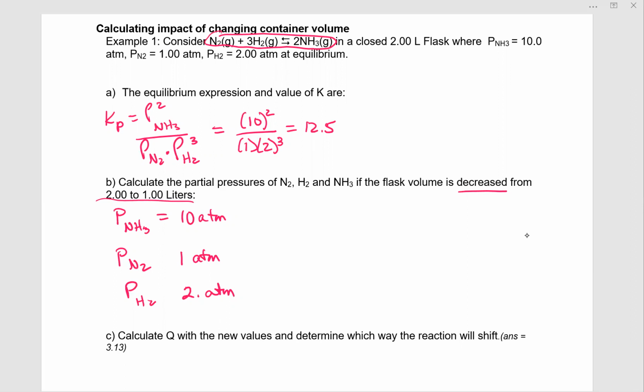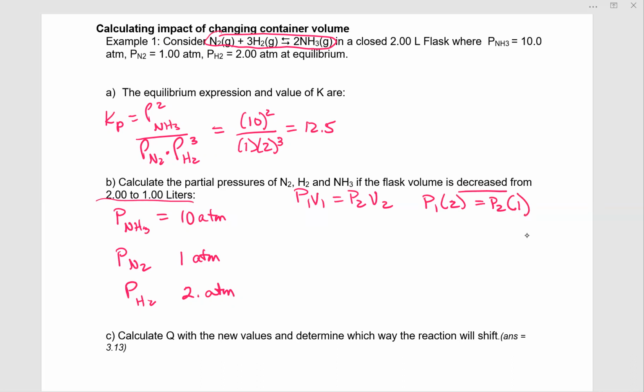Now, I want to refresh your memory on something. Remember that P1V1 equals P2V2, if you're wondering how to do this. So we have P1 at a volume of 2 is going to be equal to P2 times a volume of 1.